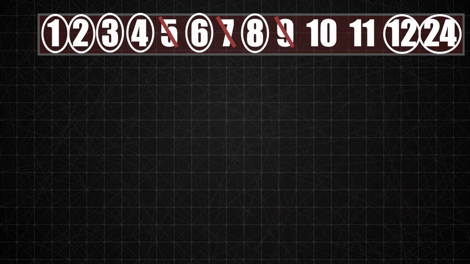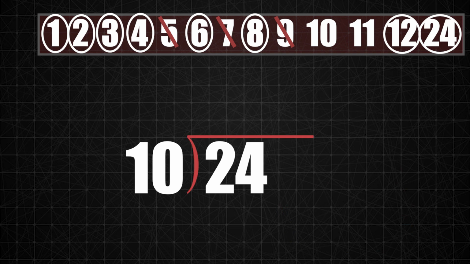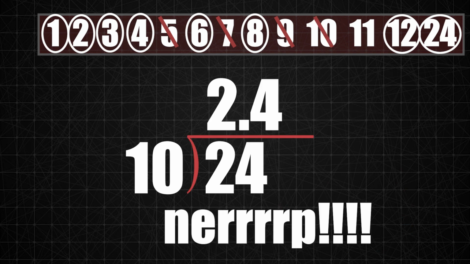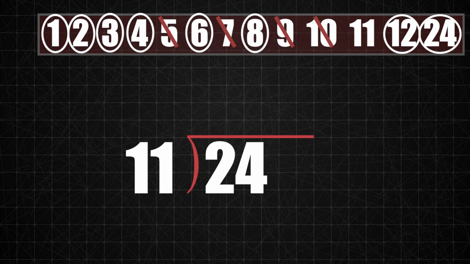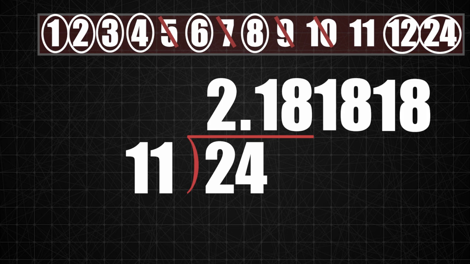Alright, so what about 10? 24 divided by 10 equals 2.4. Nope. That's a decimal number, so 10 is not a factor. So the last number that we have is 11. Okay, so 24 divided by 11 equals 2.181818, and so on. And that's not a factor either.